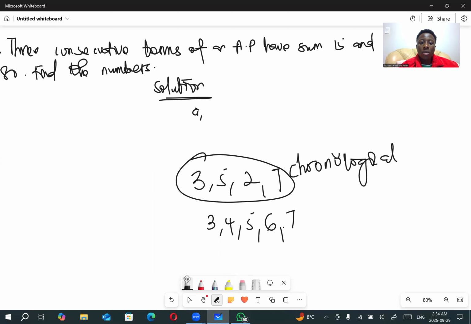Can you write what you said down? How will it look? To get a second term, just know your first term and add the common difference. Can you force and tell me the third term?